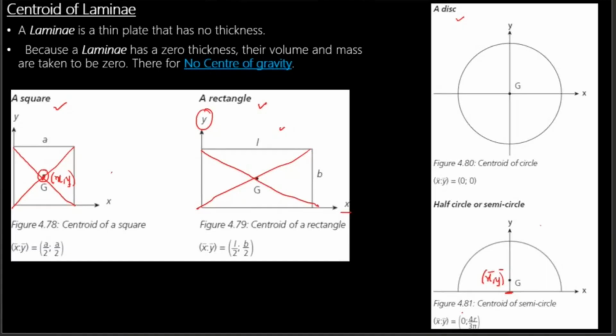I want you to master this one as well, the right angle triangle. The Y coordinate is 1/3 of the height, and the X coordinate is 1/3 of the width. The distance is B here, and this is the height. These are the things we will be using in our calculations.